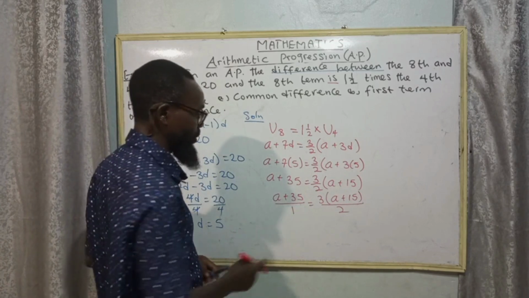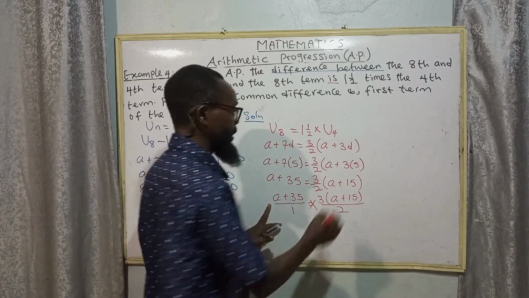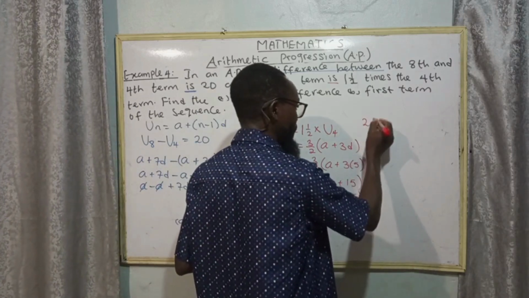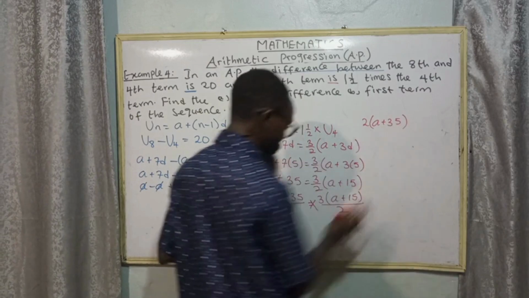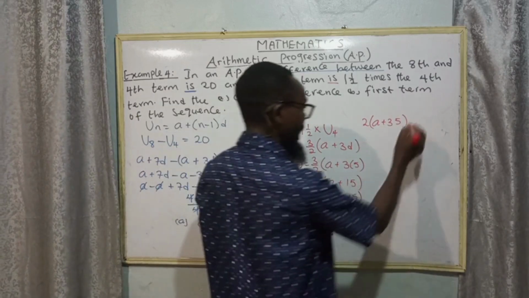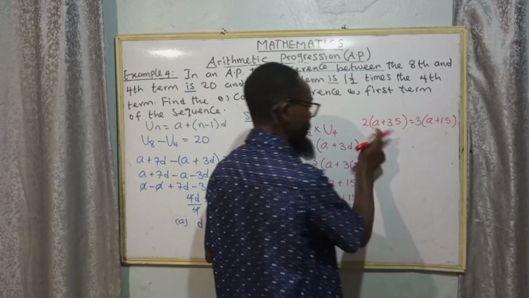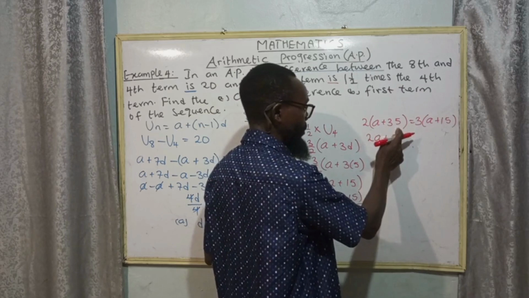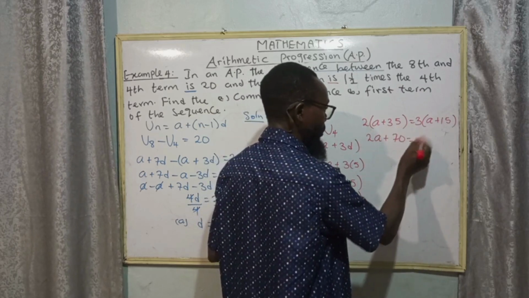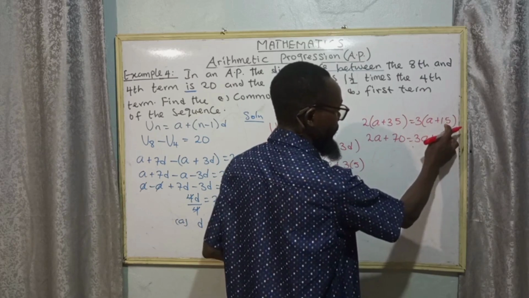So let us cross multiply. I have 2 open bracket a plus 35 equals 1 multiplied by 3 bracket a plus 15. 2 times a, 2a plus 2 times 35, I have 70, equals 3 times a, 3a plus 3 times 15.